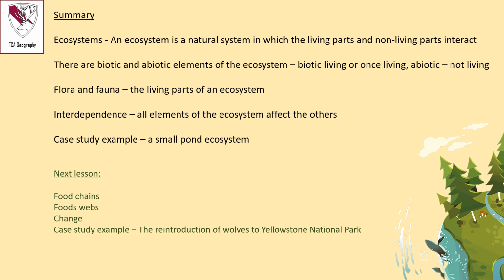We've started using the words flora and fauna. Flora for plants and trees, fauna for animals, and they're the living parts of an ecosystem. Interdependence is the way in which all the elements of the ecosystem affect the others. And we've looked at a case study example, which is a small pond ecosystem.